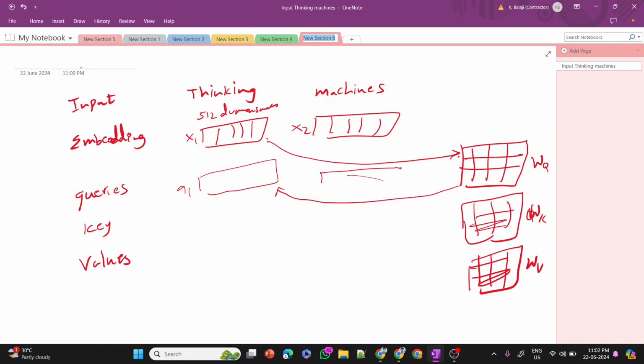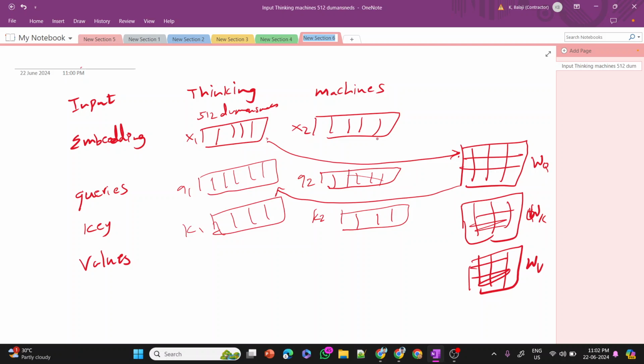Each vector is multiplied with this weight and saved like this. Then K1, K2, and this vector is multiplied with this WK and saved like this.